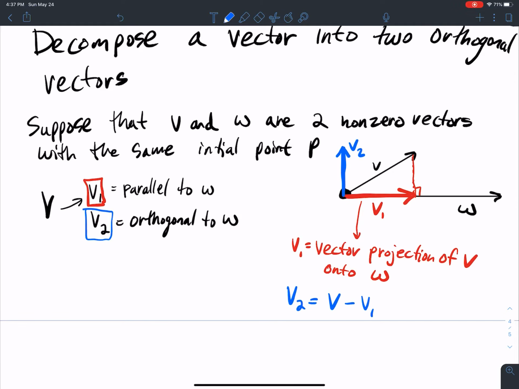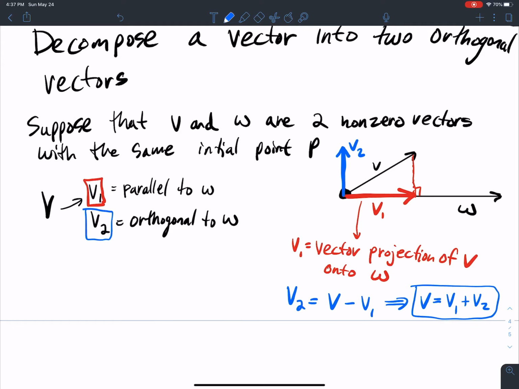Think about the negative of vector 1. The negative of vector 1 is going to go this way. So if I take that and subtract it off, I'm going to get right there that V2. So V is equal to, if I add V1 to both sides, V is equal to V1 plus V2 as desired. So I wanted to write V as two different vectors added together.